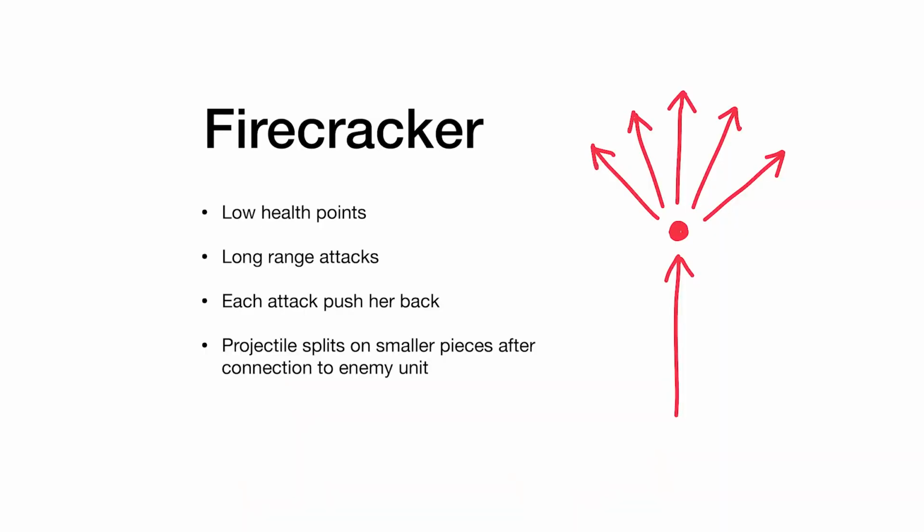And now we can go to Firecracker. It's one of my favorite cards, along with Mother Witch, of course. And Firecracker, she's almost like an Archer. She has the same amount of health, more or less, speed and stuff, but her long range attack is very specific.